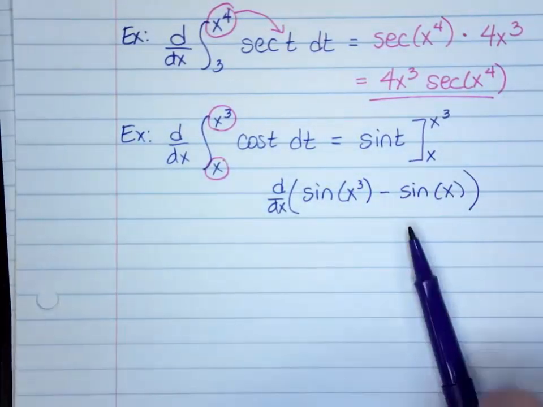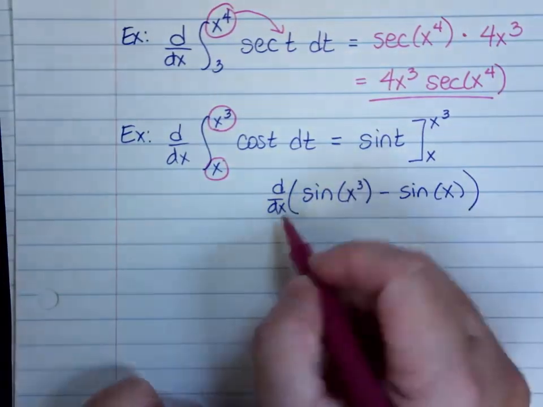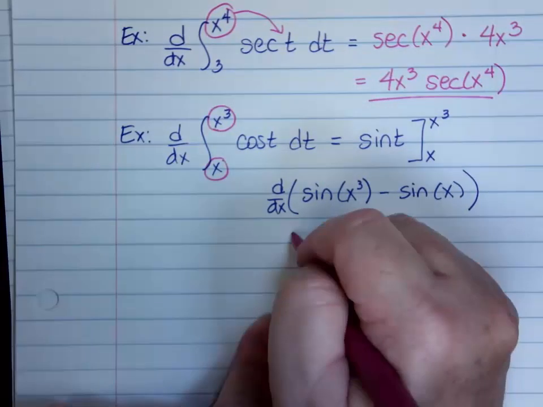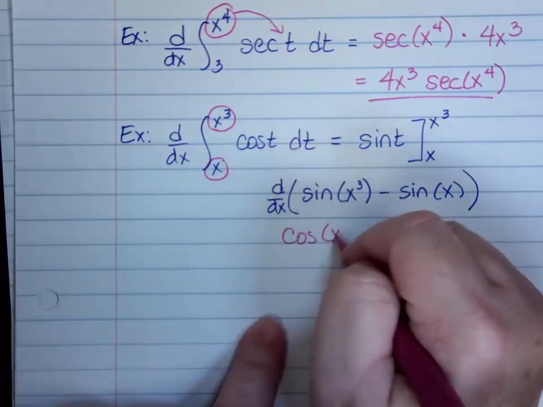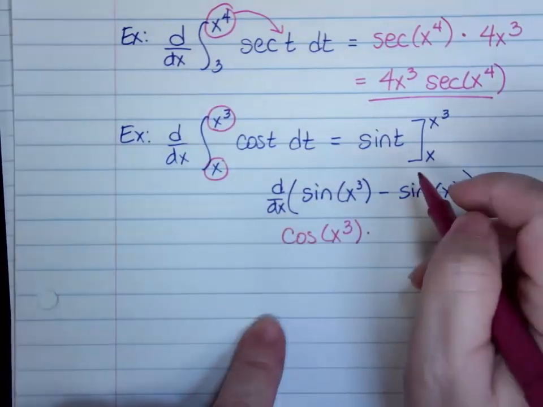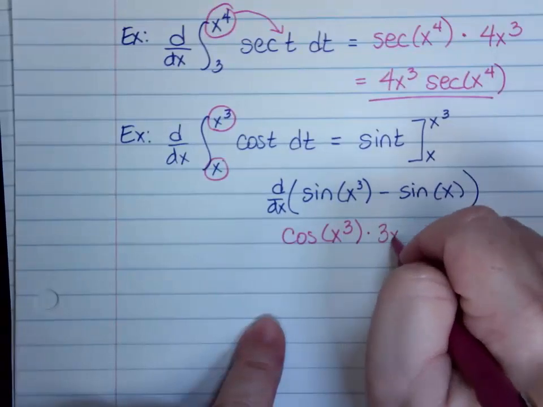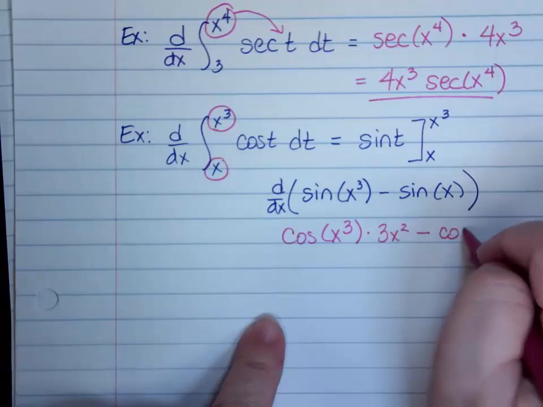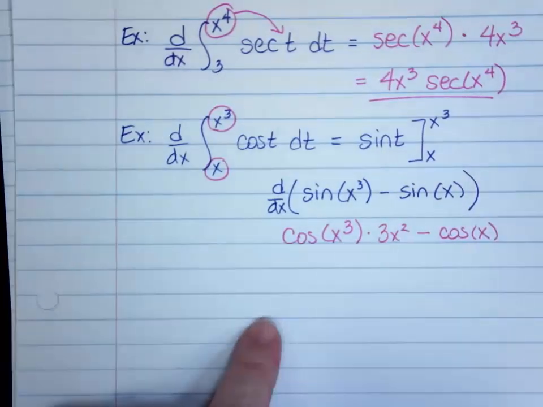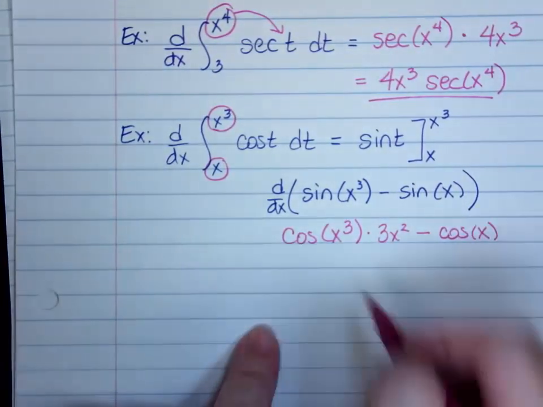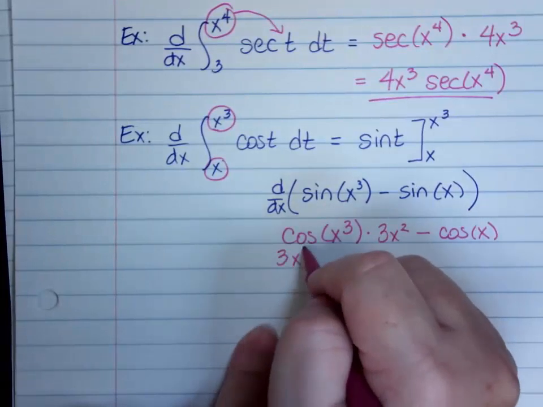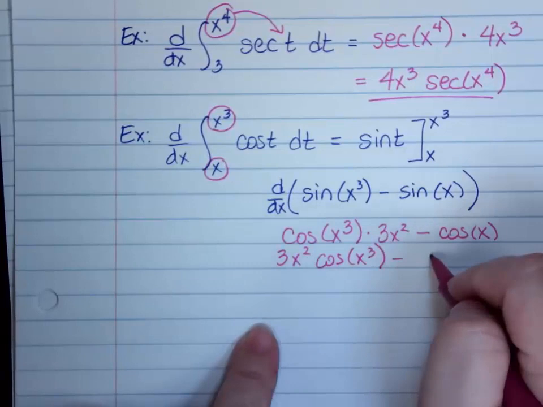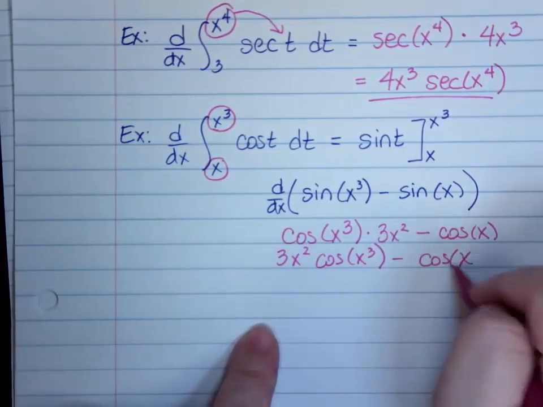So now to finish this, we have to use chain rule with this one, don't we? So it's going to be cosine of x to the third times its derivative, 3x squared, minus cosine of x times just 1. And we just bring this 3x squared to the front. And we're done.